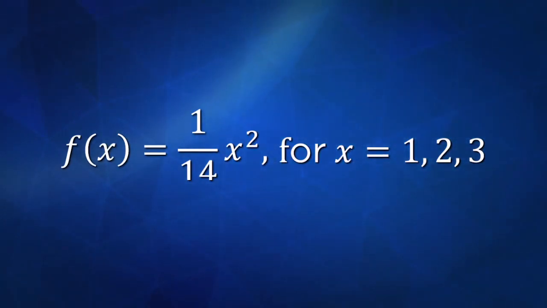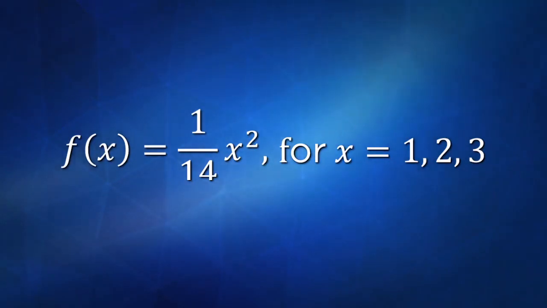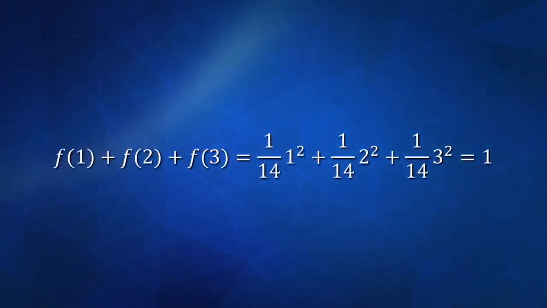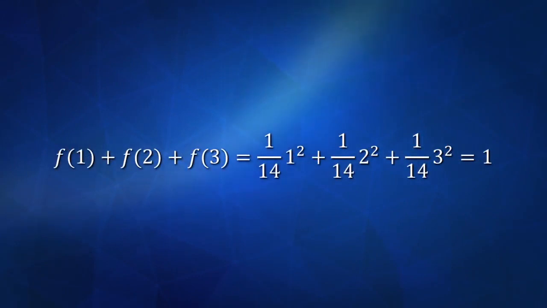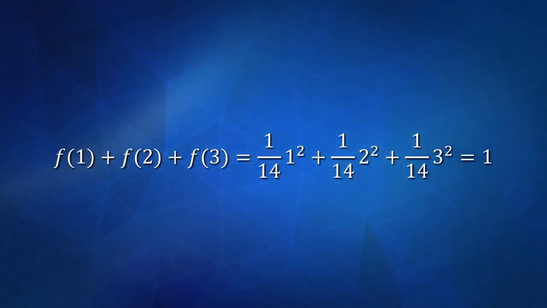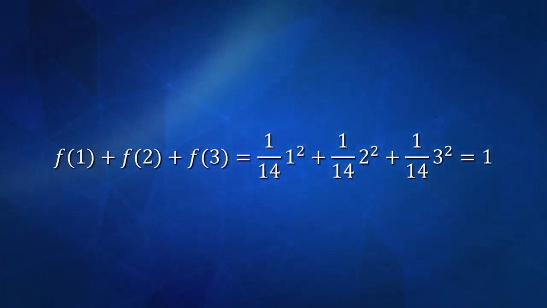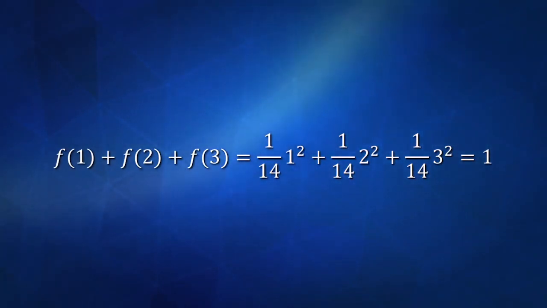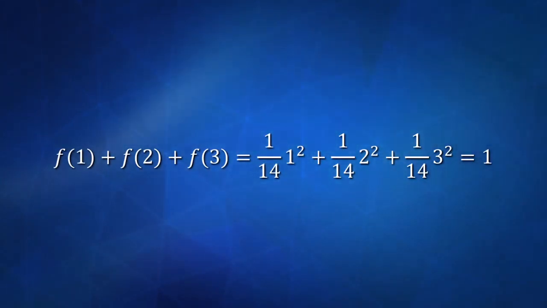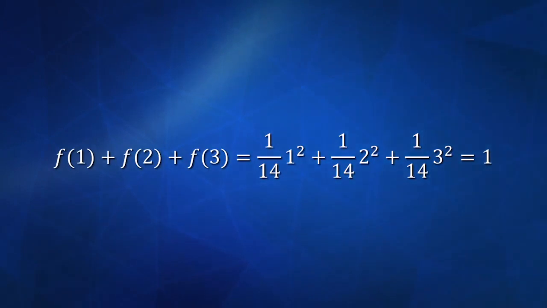In fact, if we plug in x equals 1, 2, and 3 into our probability mass function, here's what we get. f of 1 equals 1 over 14 times 1 squared, plus f of 2, 1 over 14 times 2 squared, plus f of 3, 1 over 14 times 3 squared, which should always add to 1. That tells us that the entire totality of the probability is going to be contained within that probability mass function.